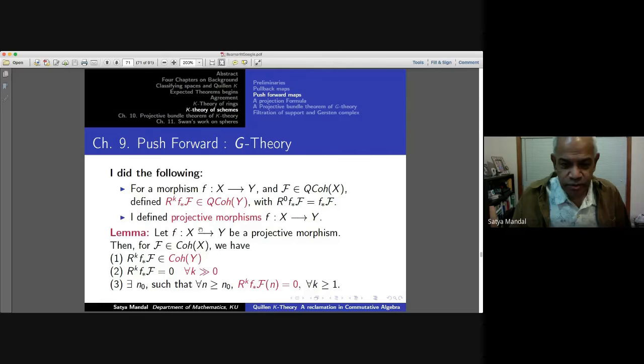I also defined projective morphism, and this is a theorem that is useful for my purpose: if F is a quasi-coherent sheaf, then all the higher direct images will also be quasi-coherent sheaves. And they vanish when k is large enough. You can twist it, large enough so that Rk F star F(n) is 0 for all k bigger than or equal to it. So this is useful.